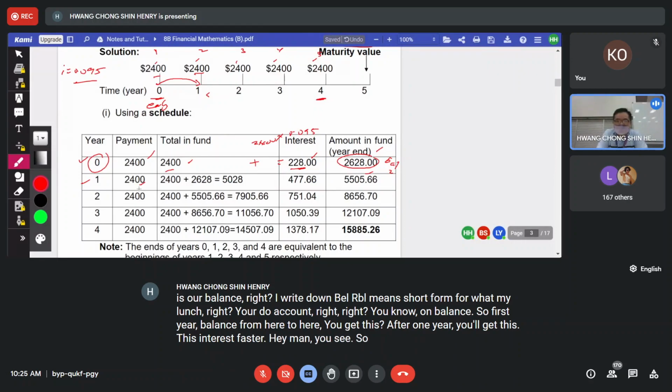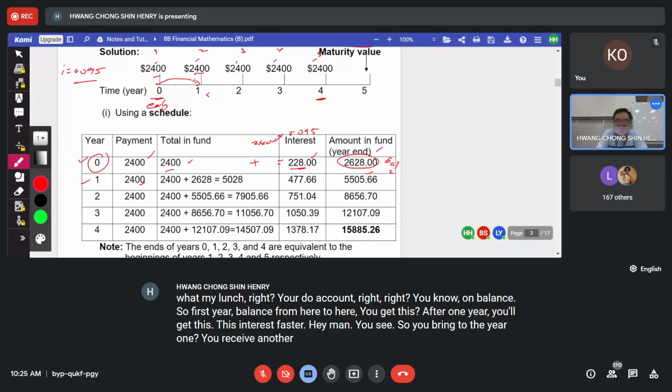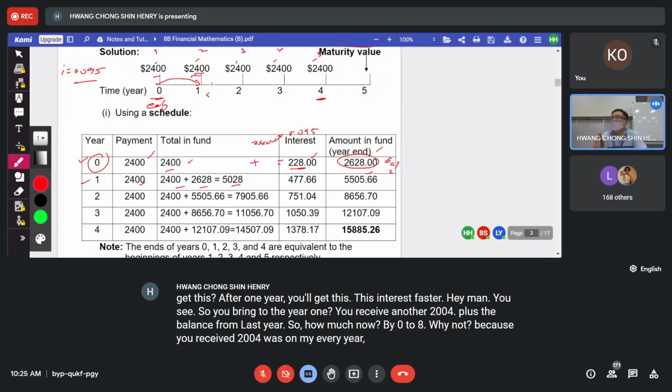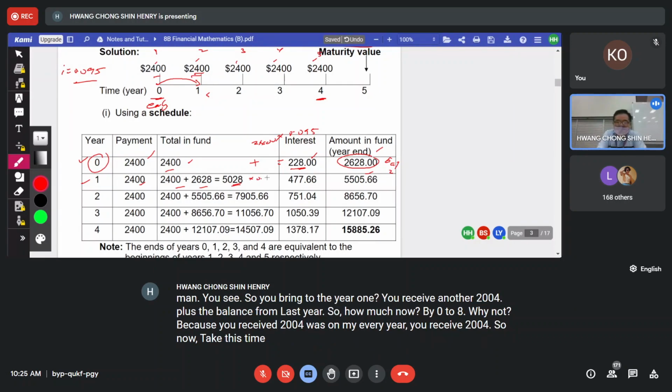So you bring to year 1, you receive another 2004 plus the balance from last year. So how much now? 5028. Fair enough. Because every year you receive 2004. So now take this times 0.095.